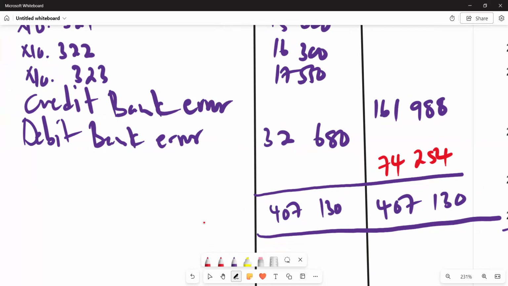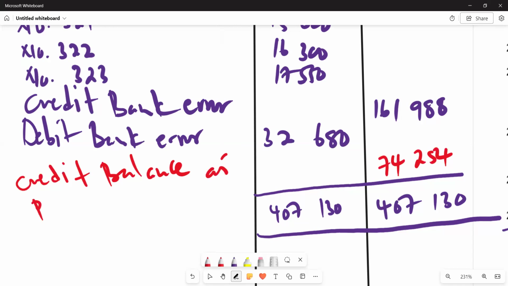So we are saying credit balance as per cash book. So it means after updating your cash book, we are also supposed to get the same figure, which is 74,254, being a credit balance in the cash book. Although it's a debit on the bank statement, it's supposed to be a credit balance in the cash book.